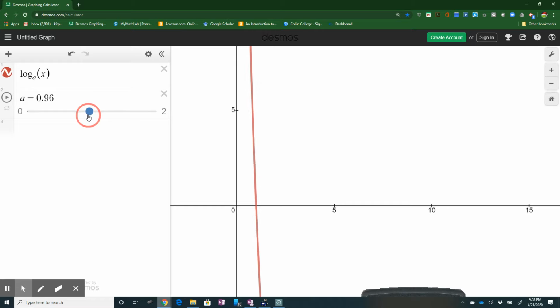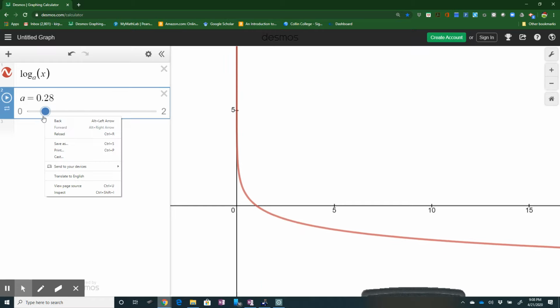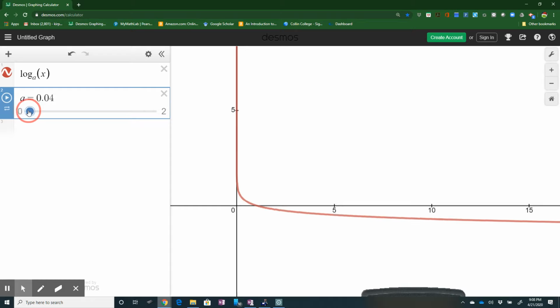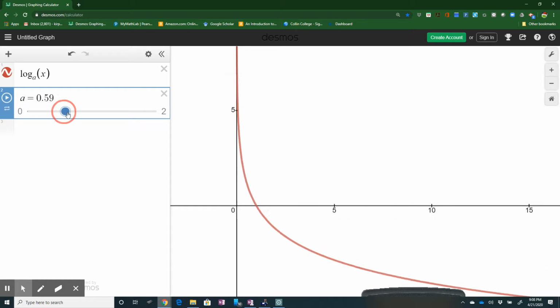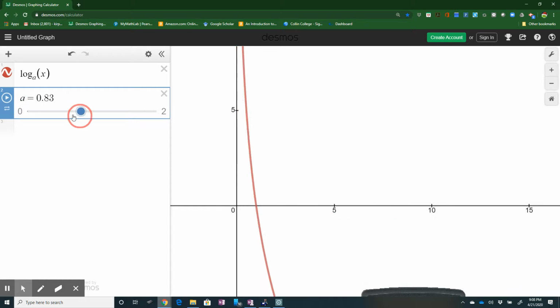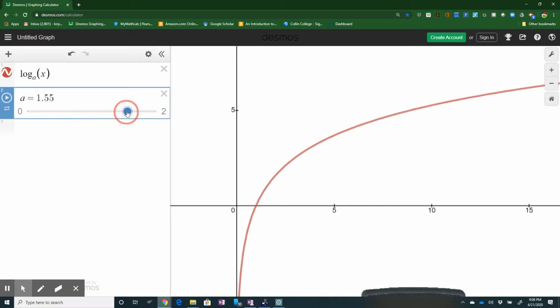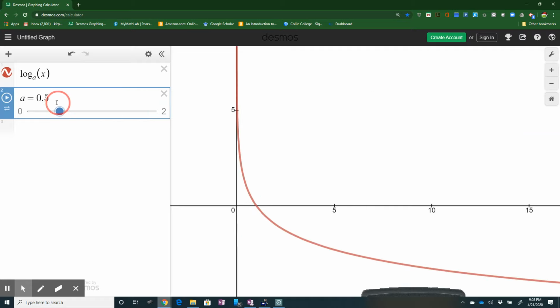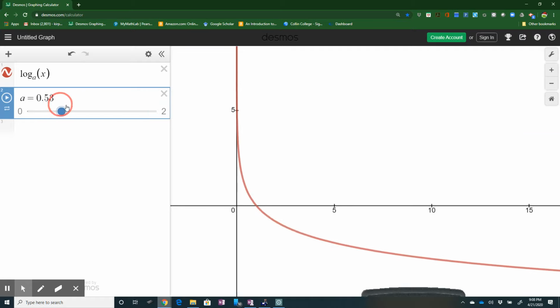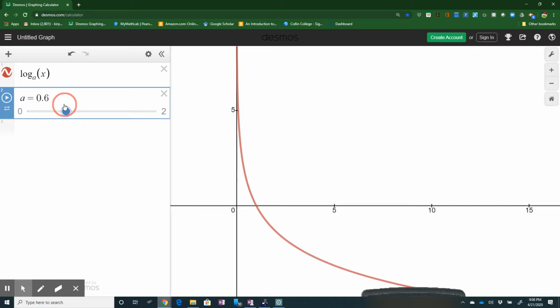But if I'm below 1, notice that the closer to 0 it gets, the flatter it gets. Okay, so this is the base increasing if the base is greater than 1, decreasing if the base is between 0 and 1.